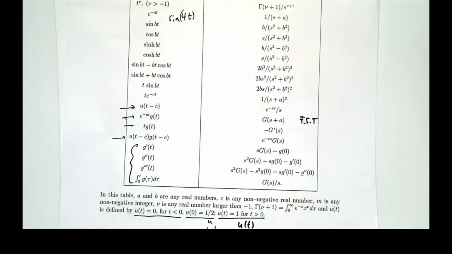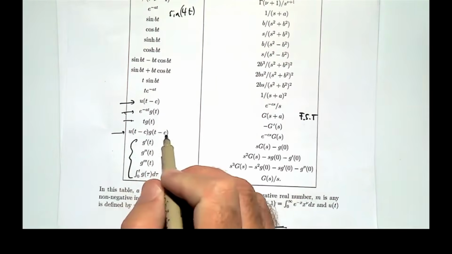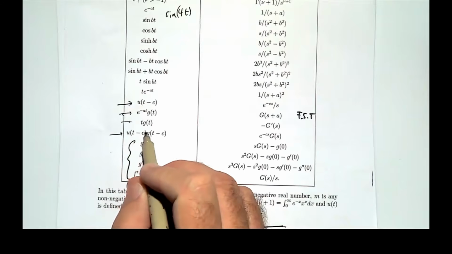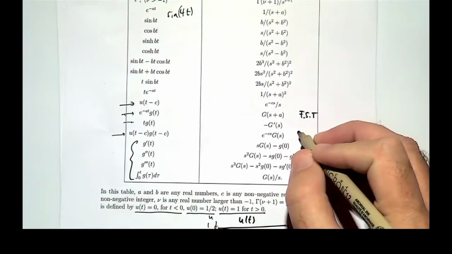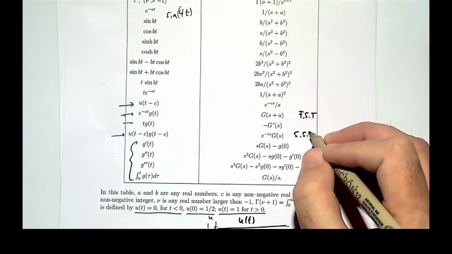This thing here, we've got Heaviside function times g, and these are both shifted c units to the right. This is the so-called second shifting theorem. That's also an important thing that we'll look at. Okay?